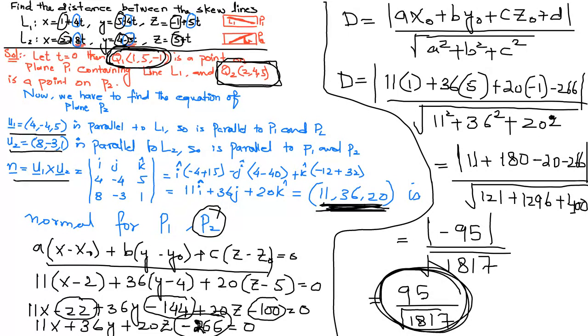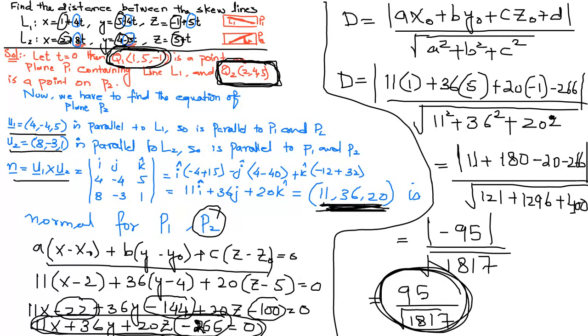From the normal vector with any point, you will get the equation of the plane. I chose the point 2, but you can choose the point 1 also. Any point you can choose.